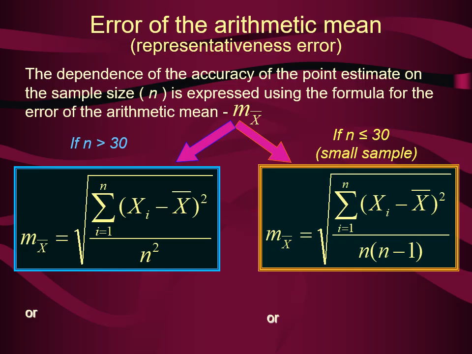The arithmetic mean error is calculated using different formulas in cases where the sample size differs. If the sample size is sufficient, that is, if the number of objects studied in the sample population is more than 30, then the arithmetic mean error is calculated according to the formula, which is combined with a blue frame.